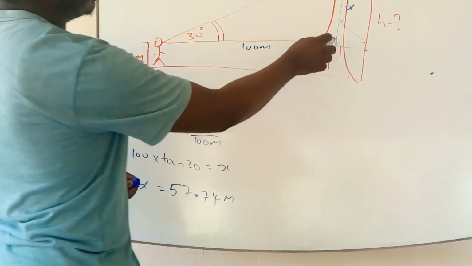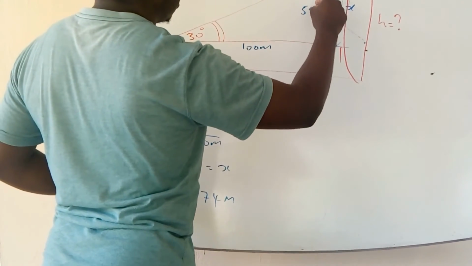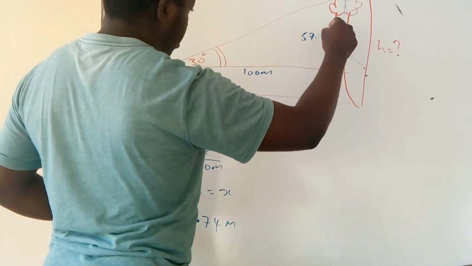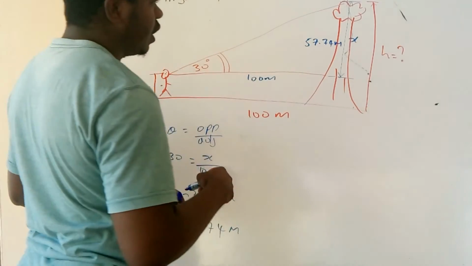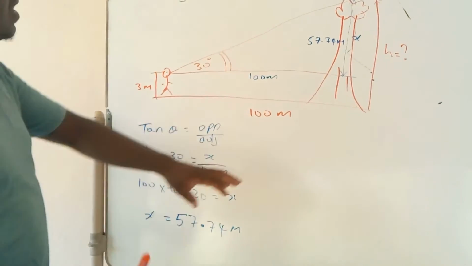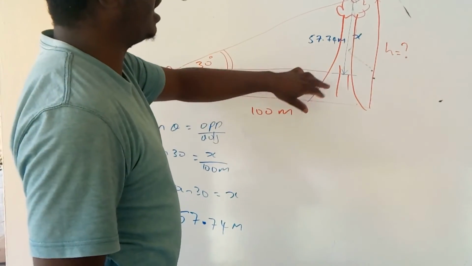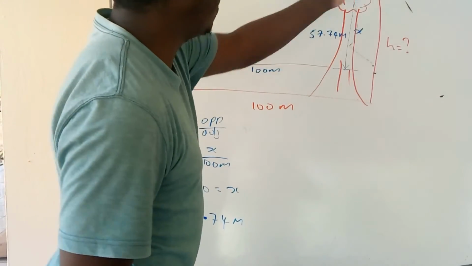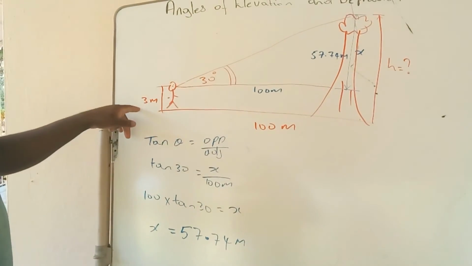So we know that the distance from here to here is 57.74 meters, right? But they didn't ask you for the distance of this part of the tree. They asked you for the entire height of the tree. But you know the height of the person. The height of the person is 3 meters.